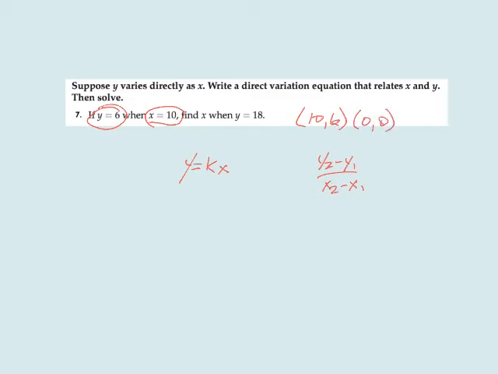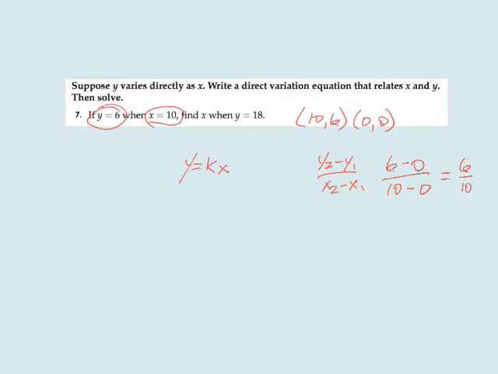So I could do 10 minus, oops, I did that wrong. Hold on. Been a while, I haven't been teaching. Oops. As I was saying, 6 minus 0 over 10 minus 0, which is 6 over 10.